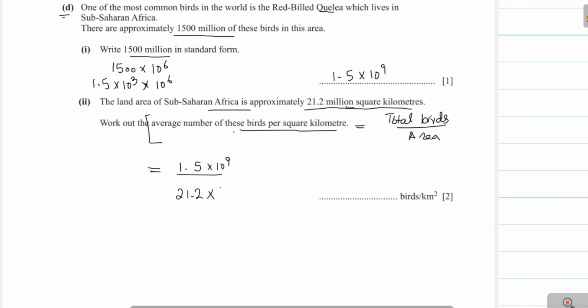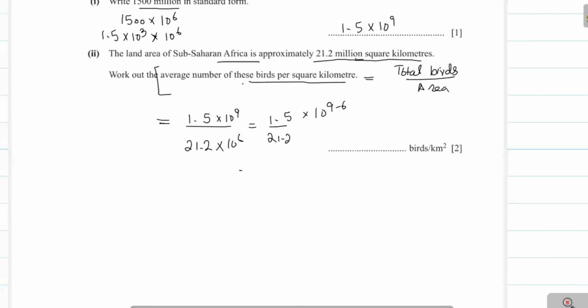We write millions as 10 power 6, and we can write it as 1.5 into 10 power 9 minus 6 over 21.2.